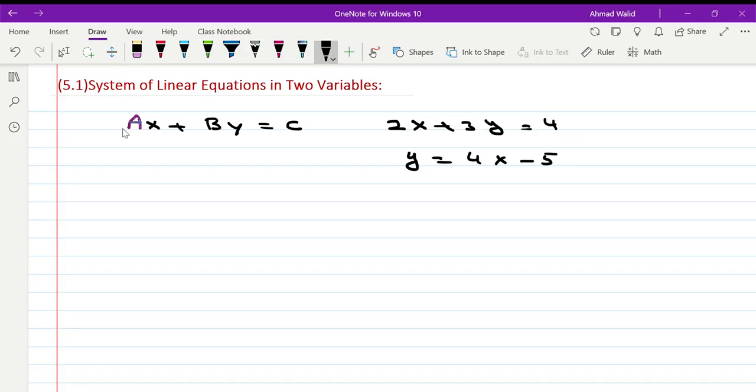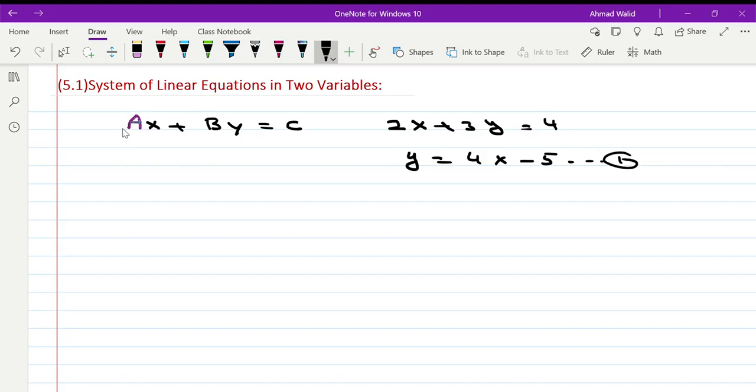Now, if you want to solve a linear equation in two variables, if they give you only one equation like this, it's impossible to solve. When you have two variables, you need two equations at the same time to find the values of x and y.